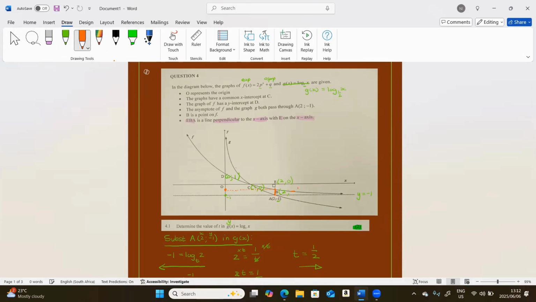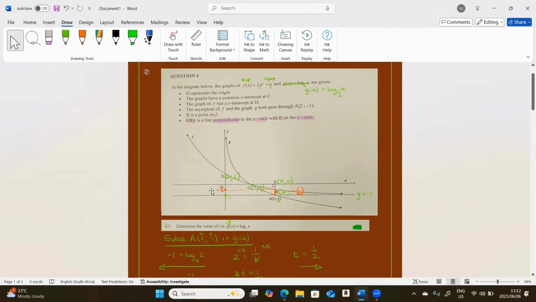Now that we have the y value of coordinate B and the y value of coordinate A, we can see what the length is between A and B. The rule to get a vertical length, guys, is that you have to take your top y value and subtract from it your bottom y value. So you're going to say negative a half minus 1.